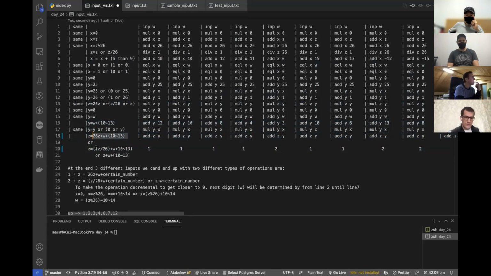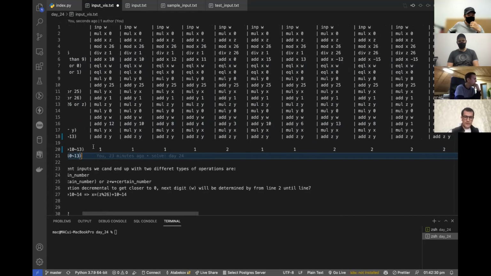The next one is, it can end up with z divided by 26 plus some range of integers. This will decrement our z. The second type of operation can end up in 2 types of outputs. One of them can decrement our z, or one of them can just increment by marginally small integers.